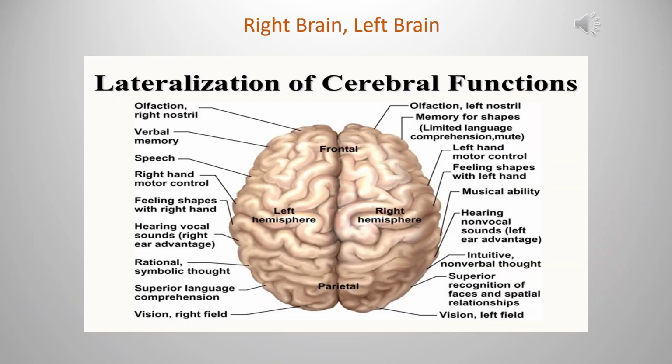Well, it turns out that the two cerebral hemispheres are pretty much identical in their appearance, and they are largely identical in their function. But there are some differences between the two hemispheres, and these things can be discovered.